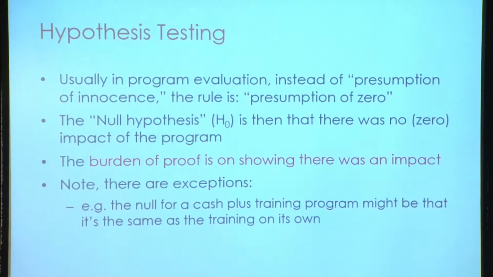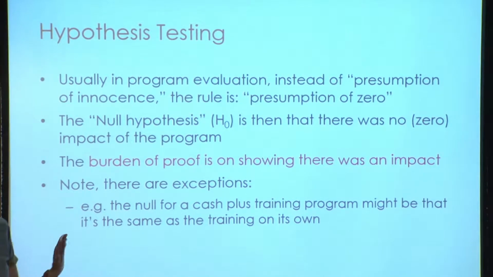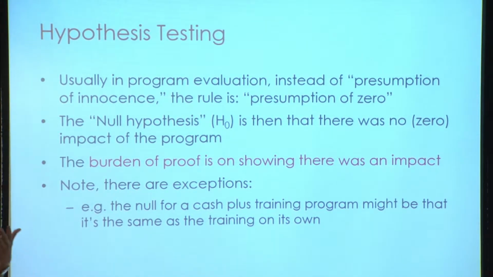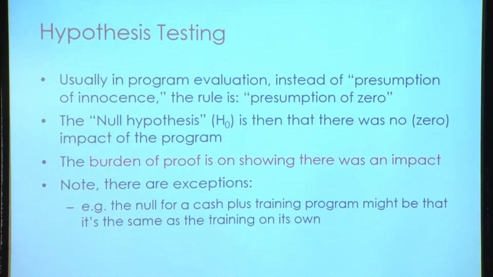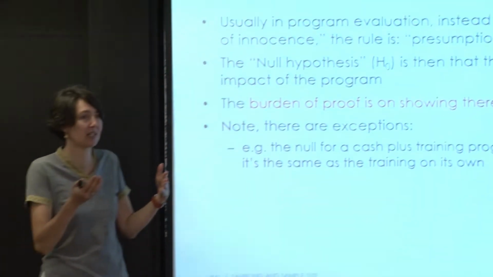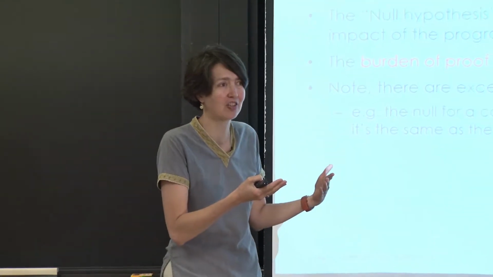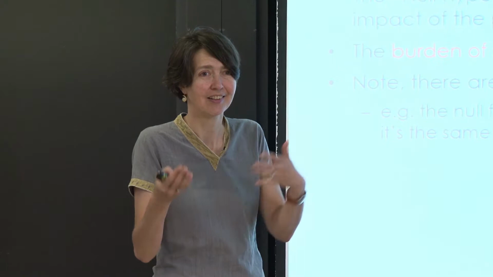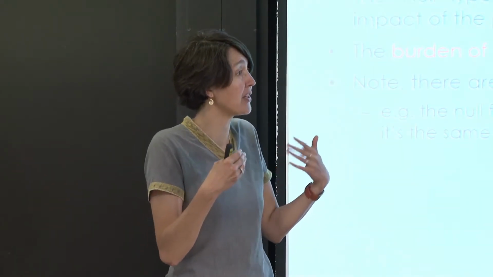I would say, we often talk in this way, but sometimes there are other obvious nulls. You could think of the null as being zero impact. But another example would be, say you're testing training plus cash, or just cash. The null hypothesis might not be that there's no impact.